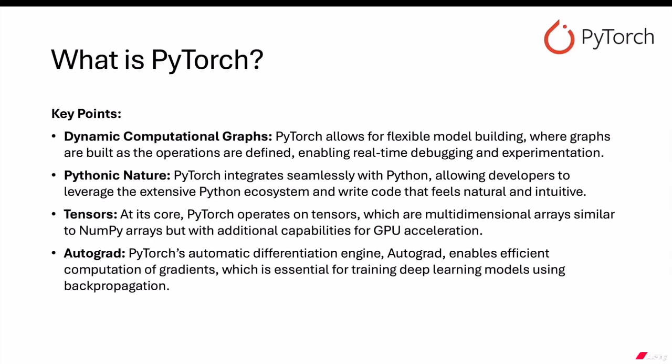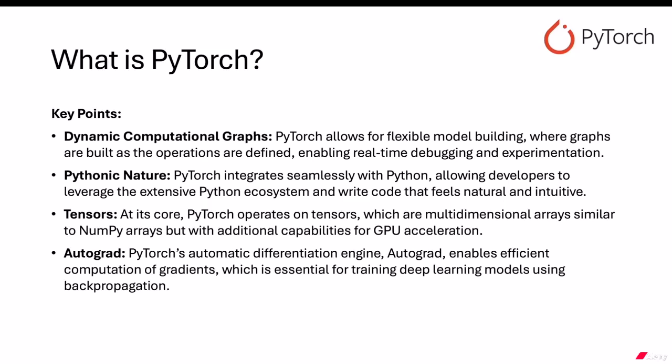Some of the key points to consider here are dynamic computational graph. PyTorch allows for flexible model building where graphs are built as the operations are defined, enabling real-time debugging and experimentation. Pythonic nature. PyTorch integrates seamlessly with Python, allowing developers to leverage the extensive Python ecosystem and write code that feels natural and intuitive.